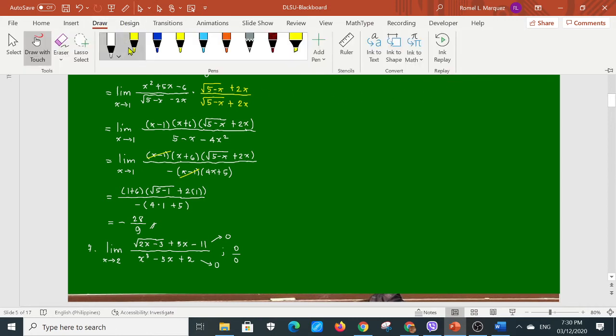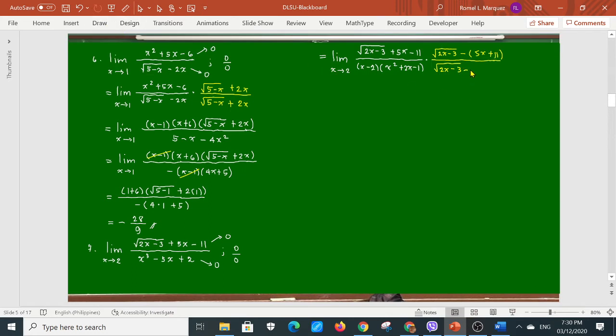Ayan, nawala na ako. Let's see. Minus 5x plus 11. Okay. This is equal to limit. Ito yung mga crucial sa pag-evaluate ng limit. No? So, we now have ano ang mangyayari sa numerator, sa denominator. Saan maraming terms? Sa denominator.